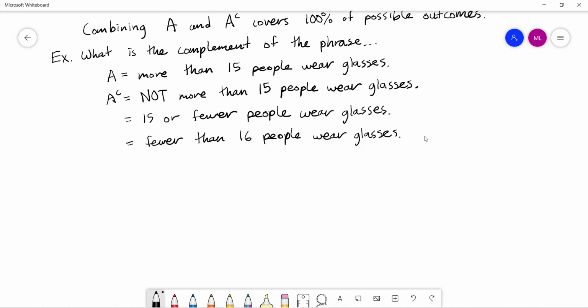Fewer than 16 also means 15, 14, 13, 12, 11, 10, and so on all the way down to 0. Fewer than 16 means we're not including the 16, so the next smallest number is 15. Over here I'm saying 15 or fewer, so I am including the 15. And both of these are lists where anybody between 0 and 15 satisfies both of these two statements.